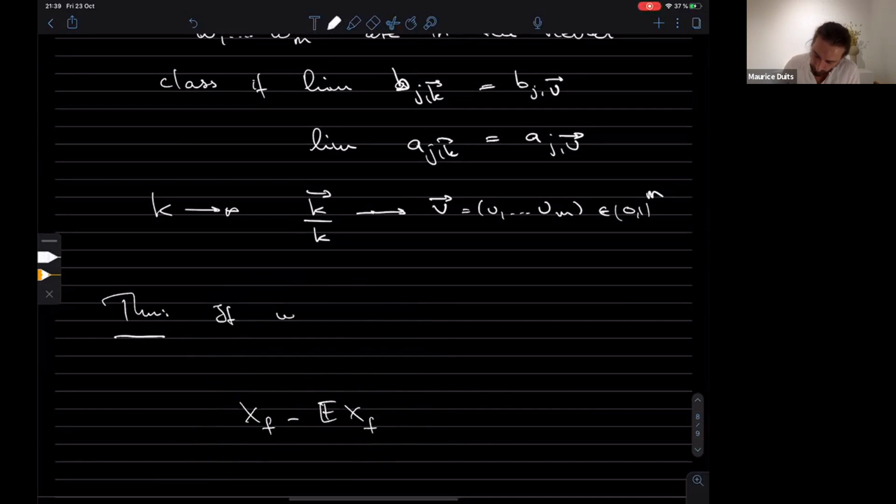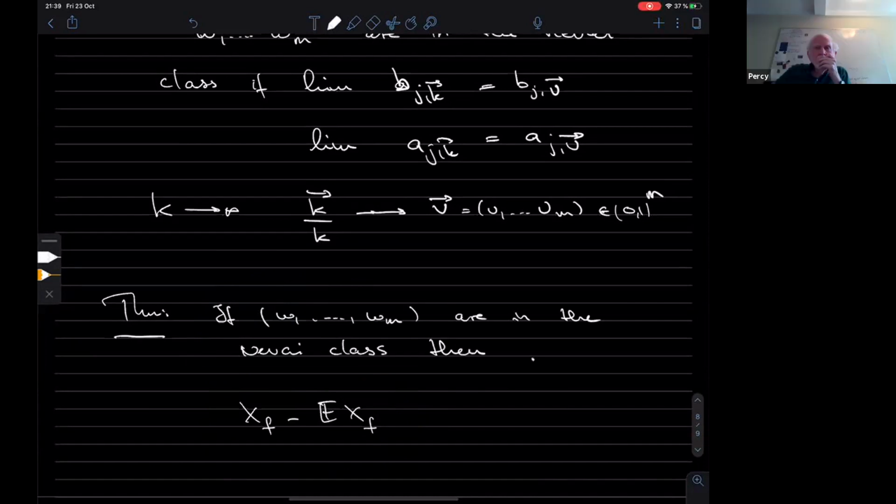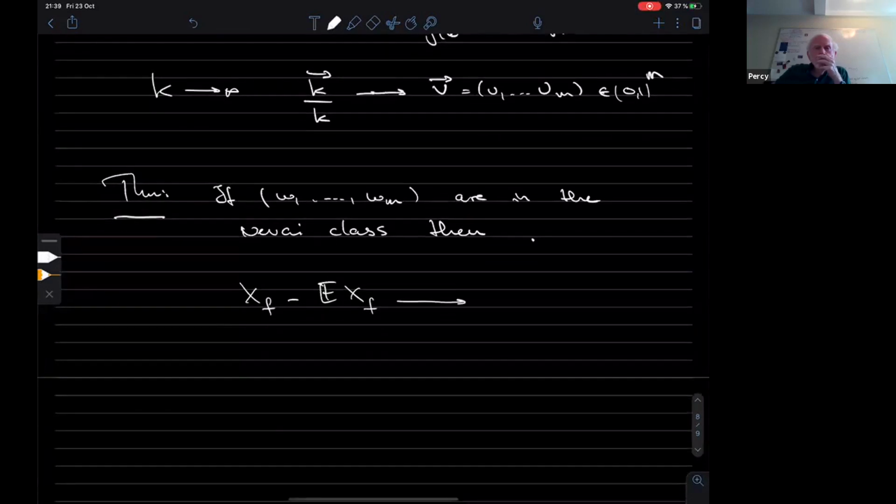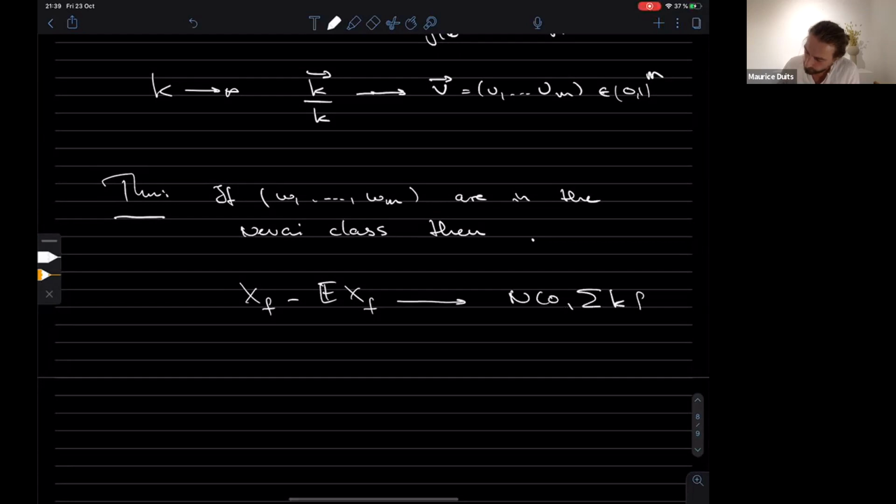So if W1 to Wm are in the Nevai class, then E minus xf converges to a normally distributed random variable, where you get again x to fk, f minus k, but these are not the Fourier coefficients now.